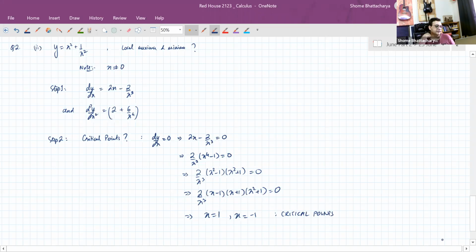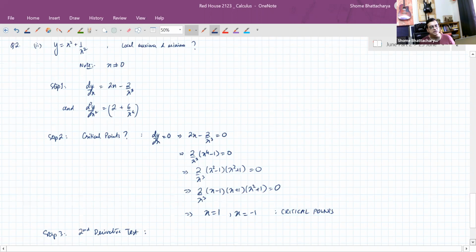Now when we do the second derivative test here, we see something interesting, that the second derivative is positive for both the values. That means both of them are local minimas, which might seem like a strange thing, but we'll understand why that is happening.